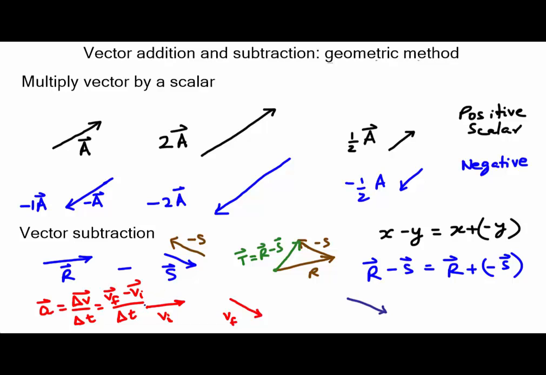I can take VI, flip it, and move its tail to the tip of VF, and I get my acceleration, or delta V really, is this vector, and the direction of acceleration is the same as delta V. I don't know the length of the arrow it needs to be. That depends on delta t, but the direction of acceleration is going to be like that for this situation.